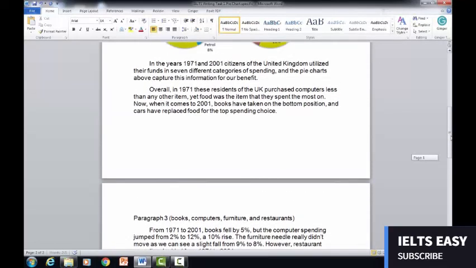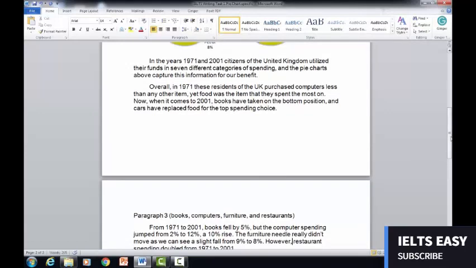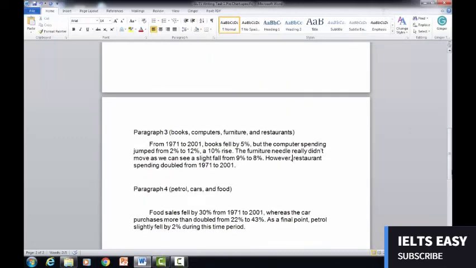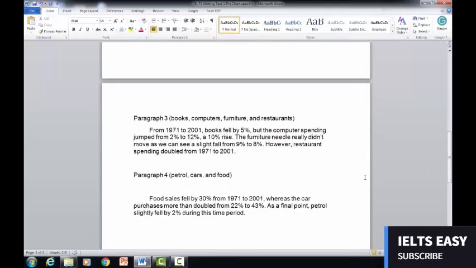It's not very big. Look at it. First paragraph, one sentence. General overview paragraph, 2 sentences. Paragraph 3, 3 sentences. Paragraph 4, 2 sentences. So we only have 1, 3, 6, 8 sentences here. That's it. 8 sentences. And we have around 200 words.